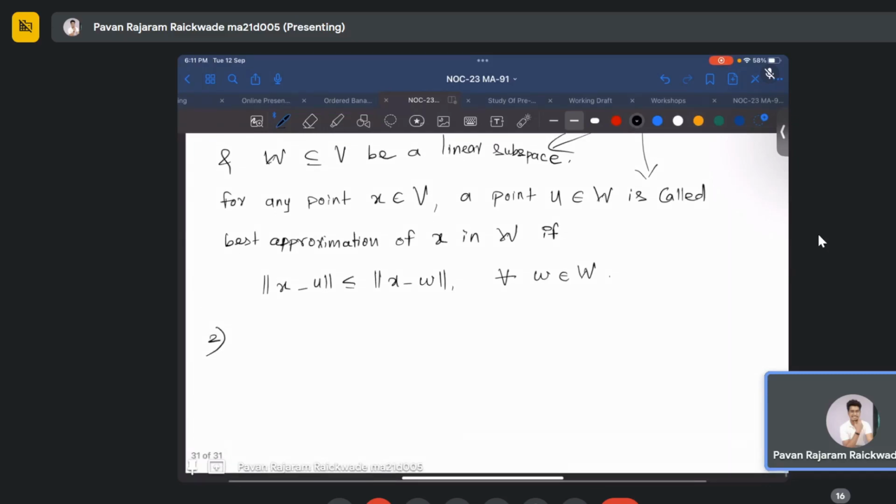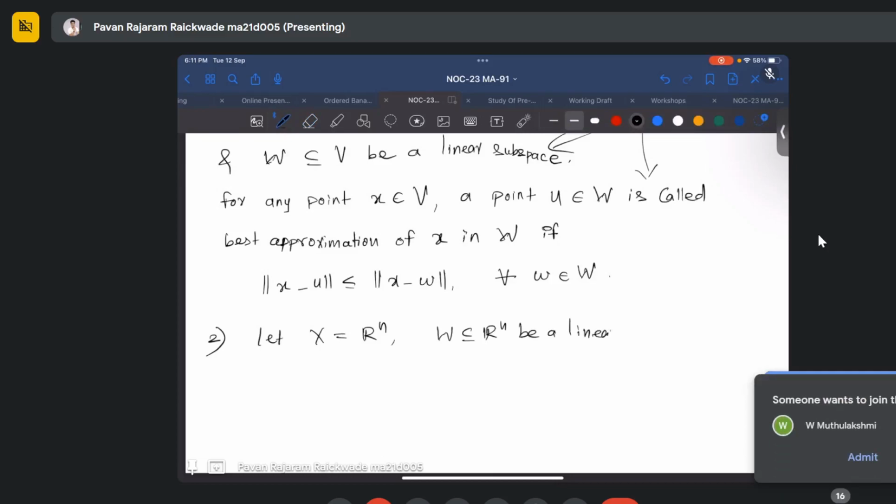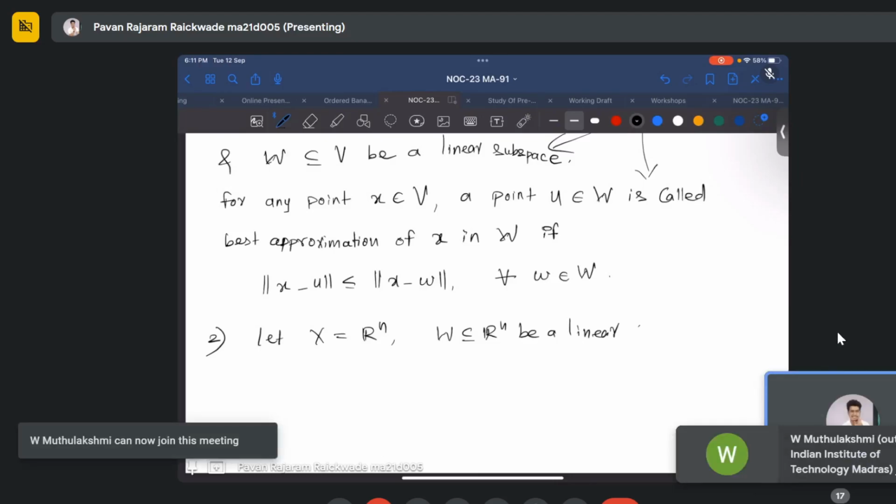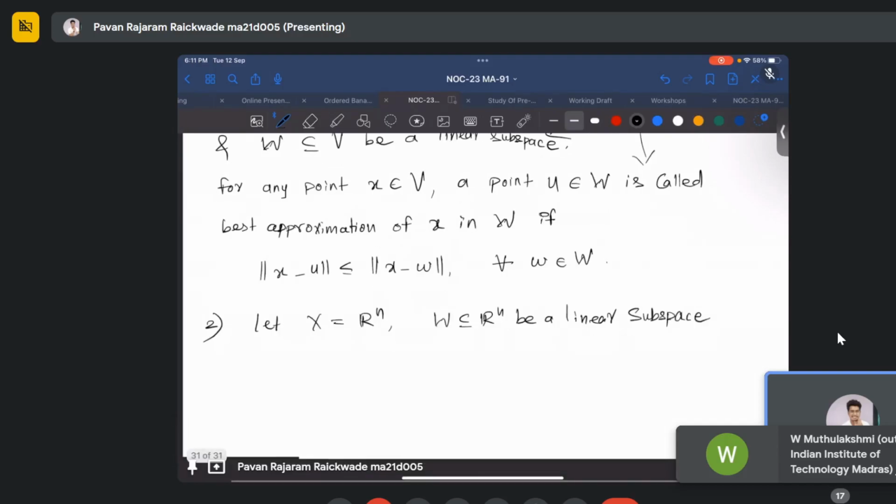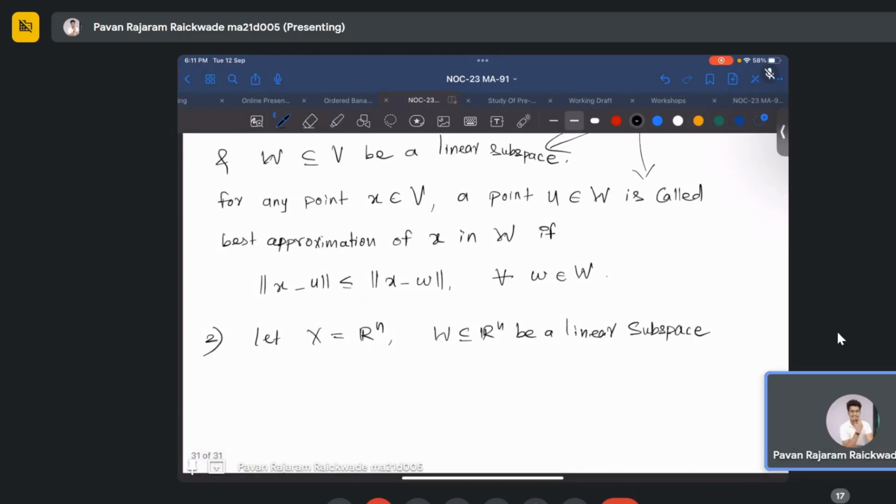Okay. Now let X be your space Rn and W be a subspace of Rn. Since W is a linear subspace and X is a finite dimensional space, I can find an orthonormal basis of W, right?